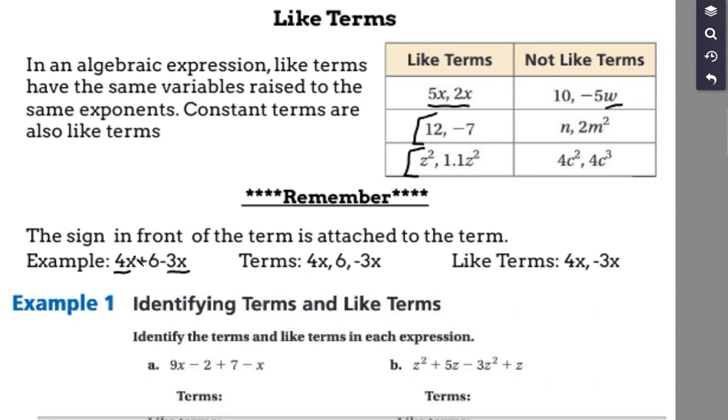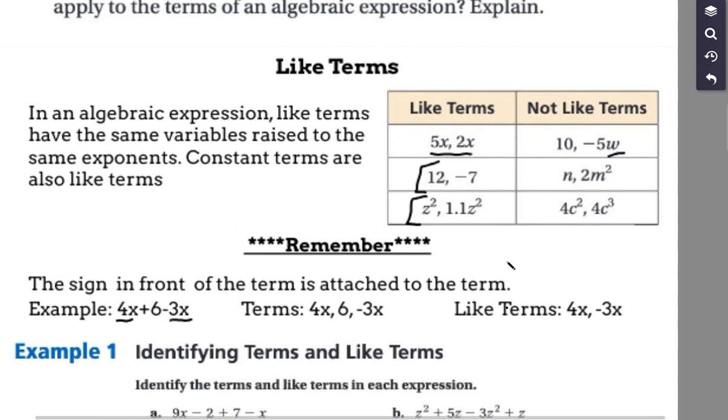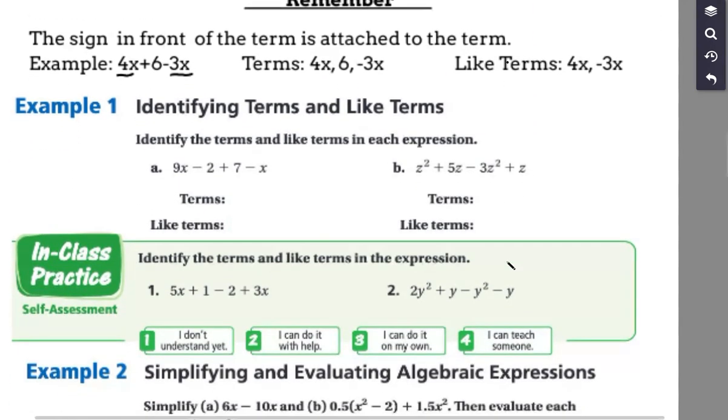It's 4x, 6, and negative 3x. Notice we're going to put a comma in between to identify the terms. So 4x, 6, and negative 3x are the terms. And then the like terms would only be the 4x and the negative 3x. Okay? So let's do an example here.